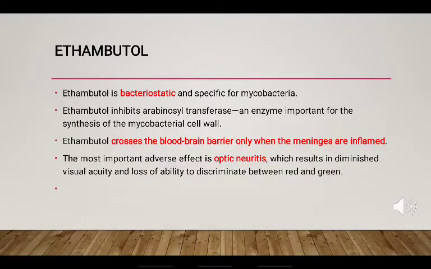An important side effect of ethambutol is optic neuritis, so inflammation of the optic nerve, which might affect the visual acuity and might affect the patient's ability to differentiate between red and green colors. Okay.